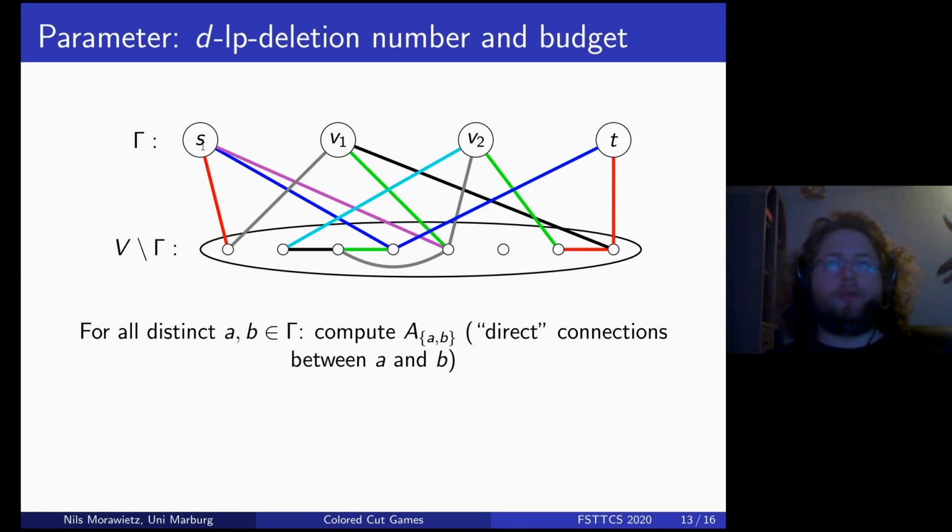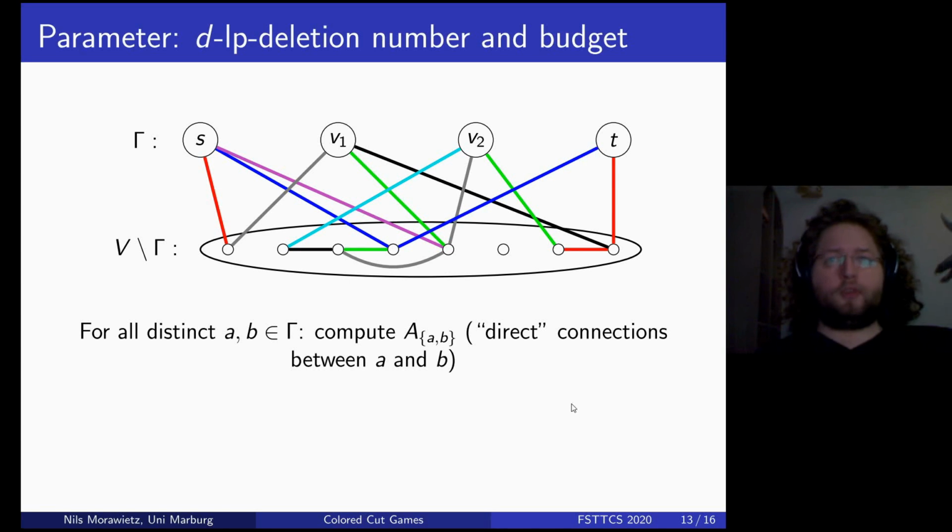So, for example, this red-gray path over here would be a direct path from S to V1. But on the other hand, this red-gray green-gray path over here from S to V2 would not be a direct path, since we have a third vertex of Γ, namely V1, in this path.